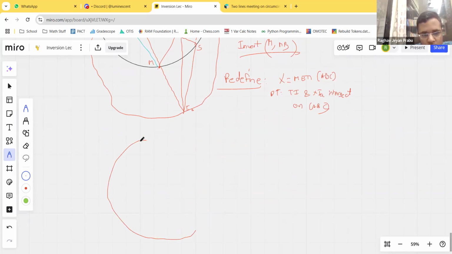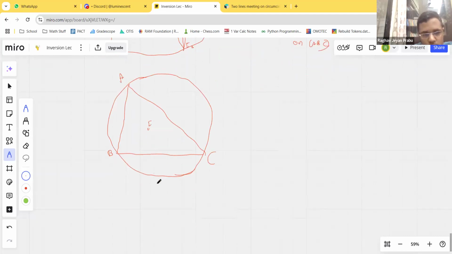I have a circumcircle and this is triangle ABC. This is incenter I. So note that B, I, C, and IA will actually remain constant because the circle we are inverting is basically BIC.